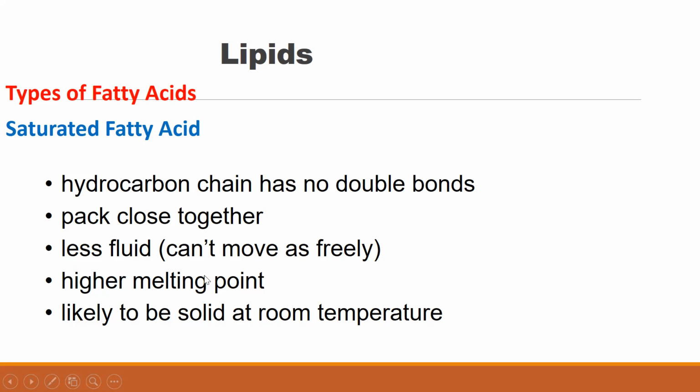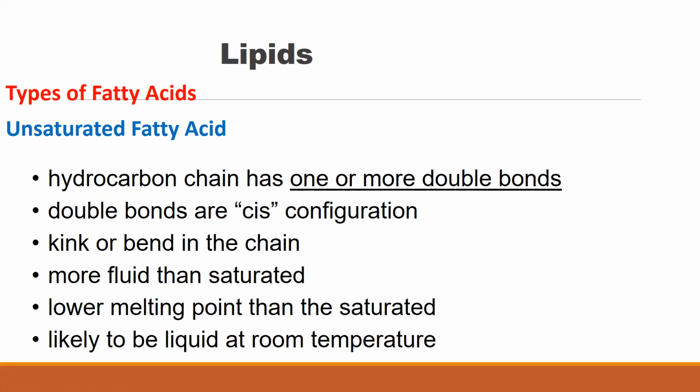It's less fluid, cannot move as freely, and you can find that fatty acids that are saturated have a higher melting point, and are likely to be solid at room temperature. An example is margarine, right? You notice that it's more close to solid. So the fat there is saturated, and it has a high melting point.